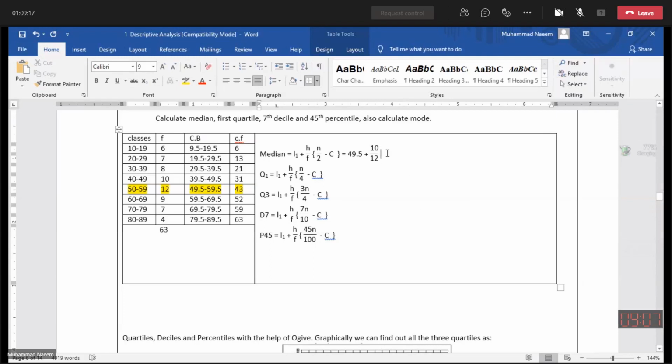Okay. And the value of n by 2 is 31.5 minus C. The value of C is the value of cumulative frequency above this class.